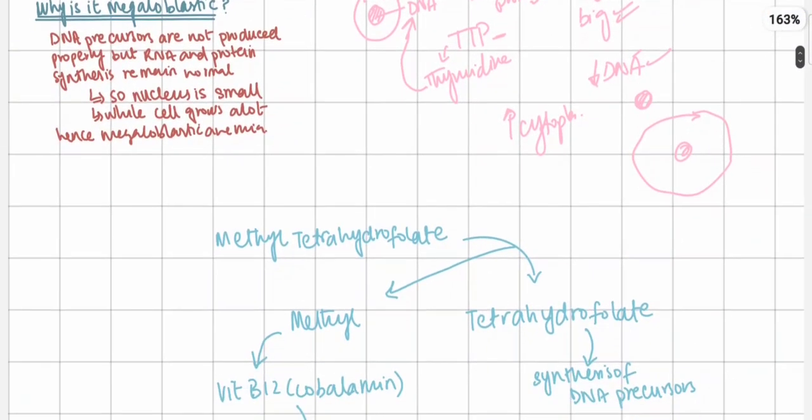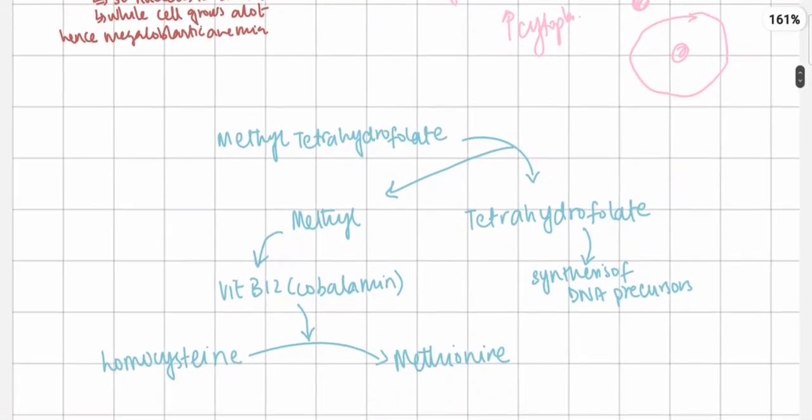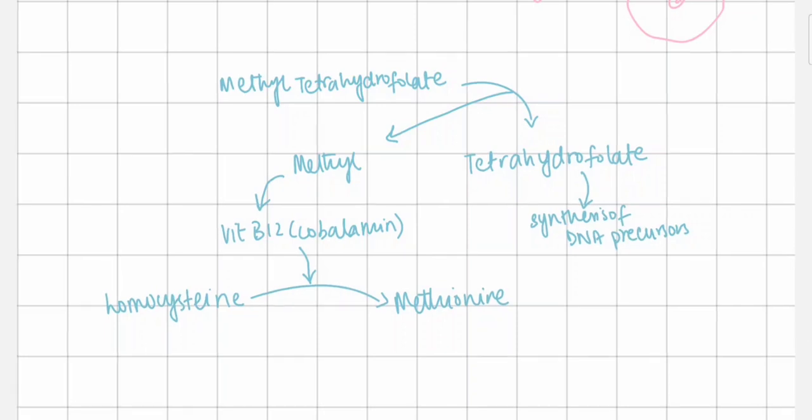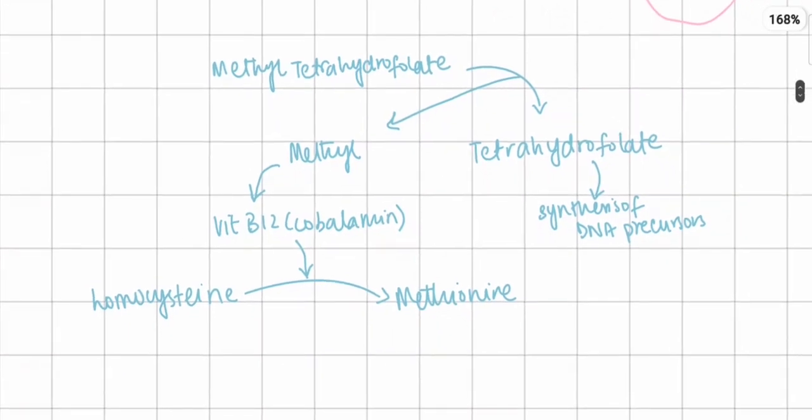Now we're going to move on to the process in which folate and vitamin B12 are interlinked, and how it happens. The important thing we need in DNA synthesis, which I'm also going to cover in the biochemistry lecture on pyrimidine and purine synthesis, is methyl tetrahydrofolate.